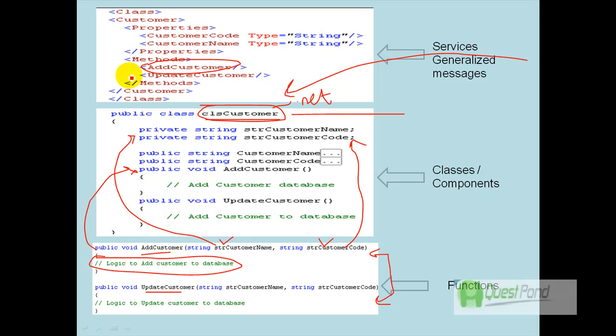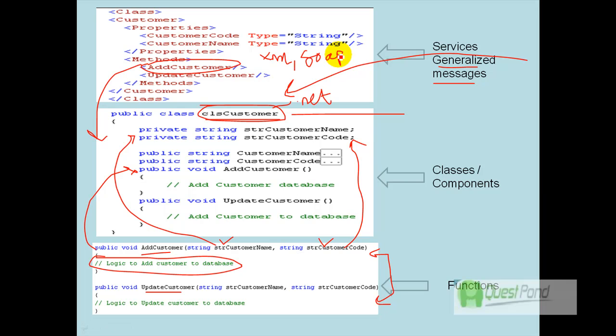So there came the concept of generalized messages. People nowadays call this XML, and one very generalized approach of doing interactions is SOAP, and we'll come to that later on.